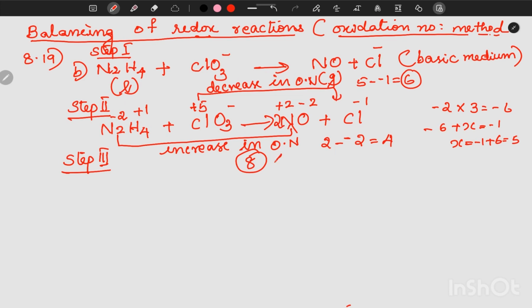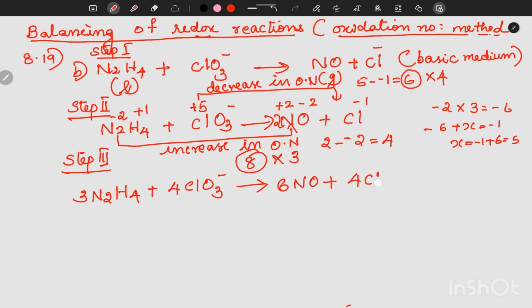We have to make it equal by multiplying 8 by 3 and 6 by 4. Now let us write the equation after making the change equal as 3N2H4 plus 4ClO3 minus gives 6NO plus 4Cl minus. Now next step, balance oxygen atoms.